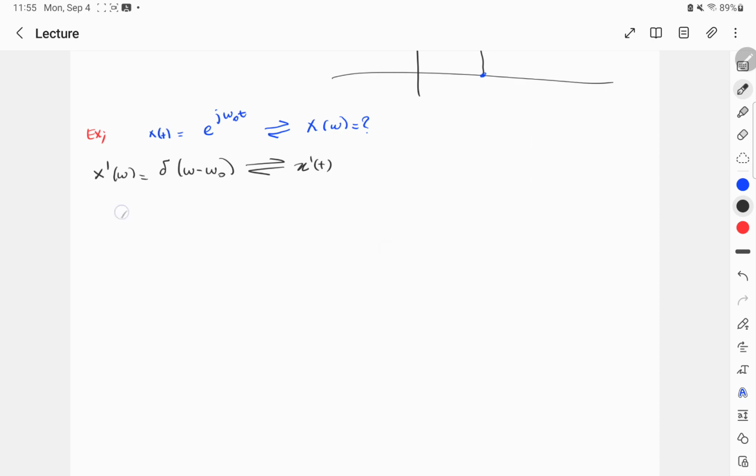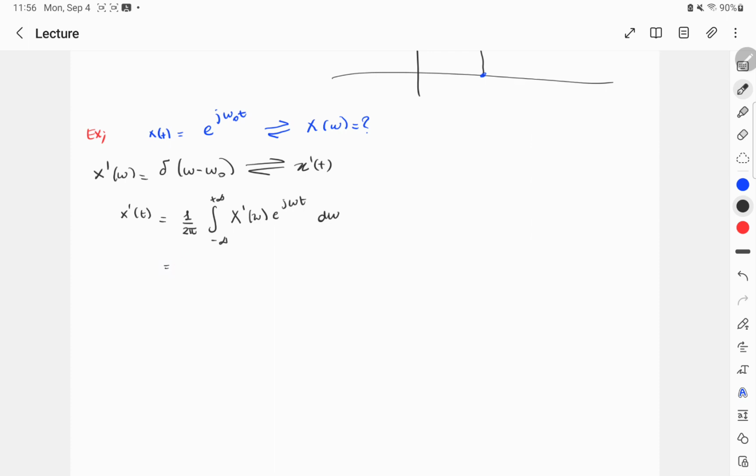So if we apply the formula, we write x'(t) equals 1 over 2π integral from minus infinity to plus infinity of the Fourier transform, which we assumed was x'(ω), e to the power of jωt dω, all right?